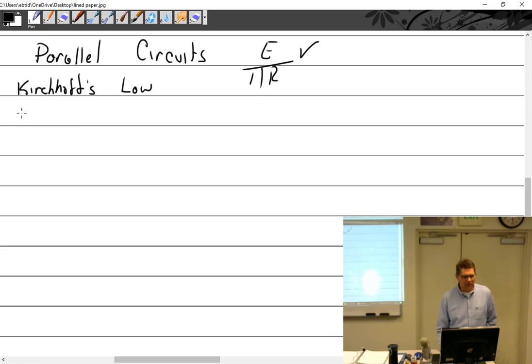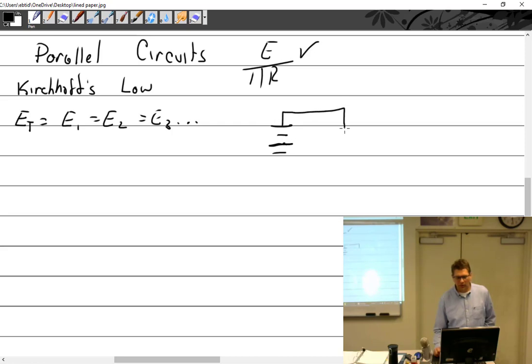So this time, E total is equal to E of 1, which is equal to E of 2, which is equal to E of 3, on and on and on. Because the parallel circuit, I should draw a parallel circuit, it looks like this. We talked about parallel means there's more than one path.